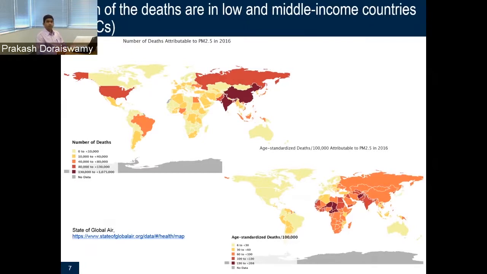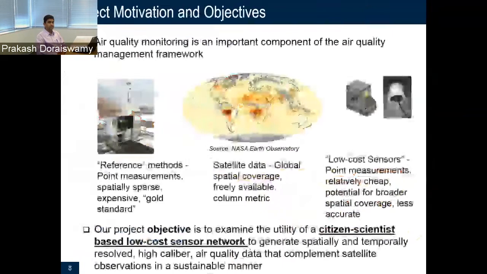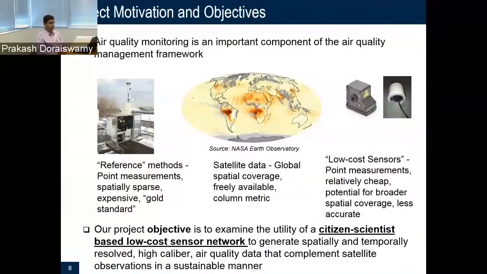So that brings us to the project motivation. In order to manage air quality, air quality monitoring is a fundamental component of the overall air quality management framework. So to measure what's in the air, fine particles specifically that we are focusing on in today's webinar, we have on the left the reference methods, which are point measurements, but are quite expensive and therefore are spatially sparse.